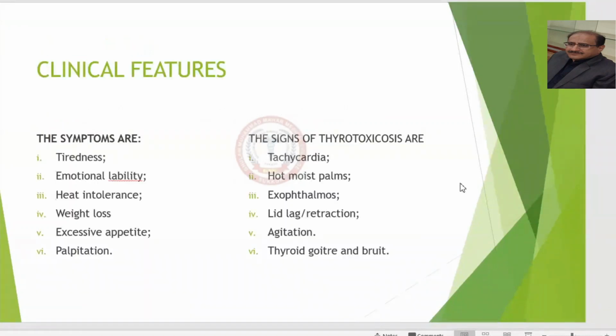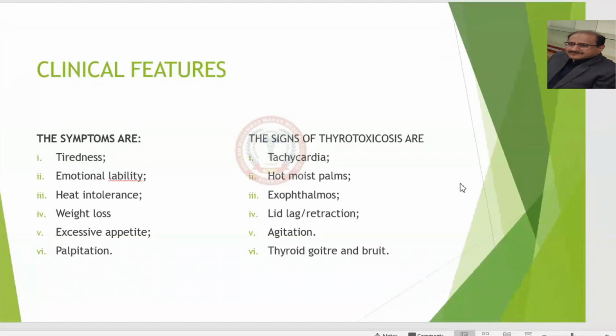Now, what are the clinical features of this thyrotoxicosis? Here are the symptoms, and here are the signs. The symptoms are tiredness, and the patient becomes more emotional. Heat intolerance means heat cannot be tolerated by the patient, he feels more heat.